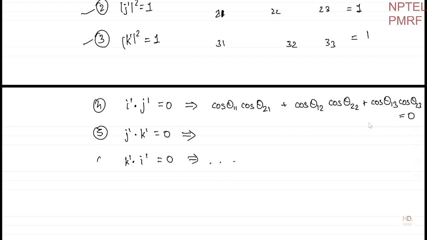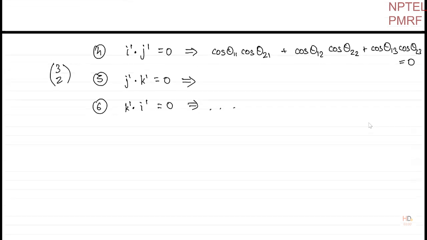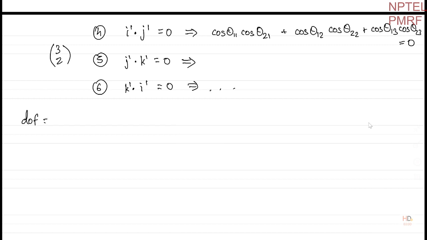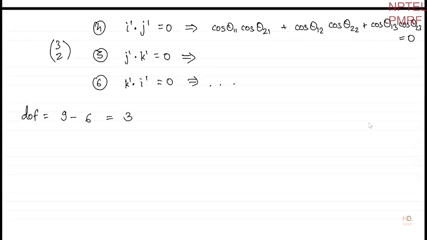So all in all, we need to choose pairs, right? That pair should be orthogonal. So we have 3C2, which is 3. So now the degrees of freedom: total 9 variables, out of which 6 are constrained, which means we have 3.